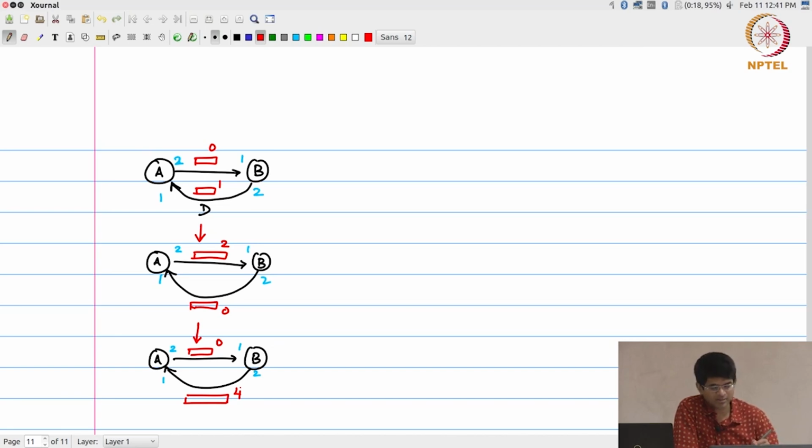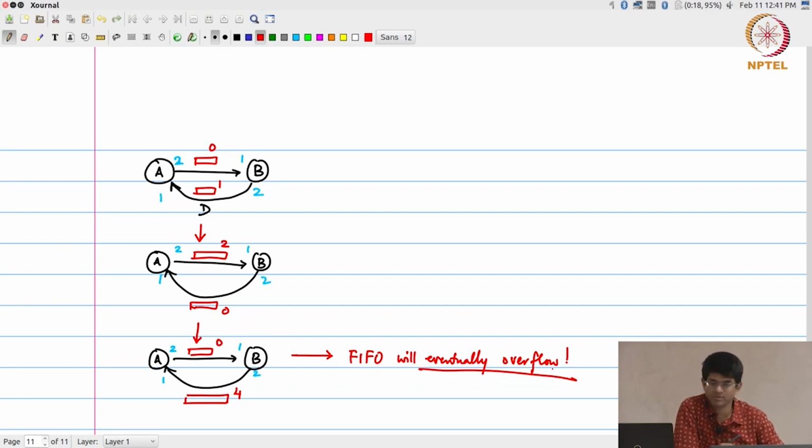Okay. So you see where the problem is. Essentially what ended up happening was that this set of values for the production and consumption parameters is unstable. So the FIFO will eventually overflow, no matter how big you make the FIFOs between A to B and B to A. If I carry on like this, they will end up overflowing.